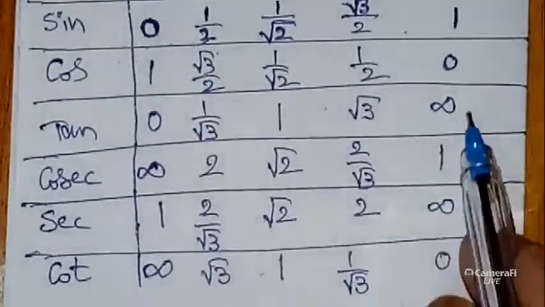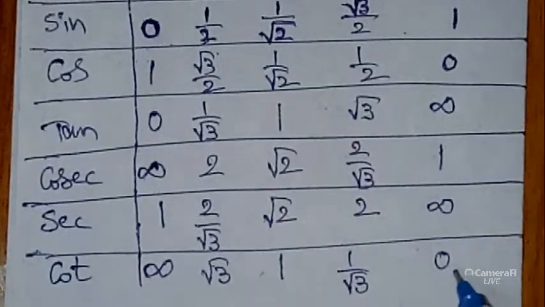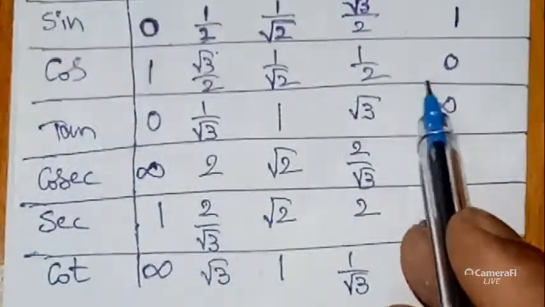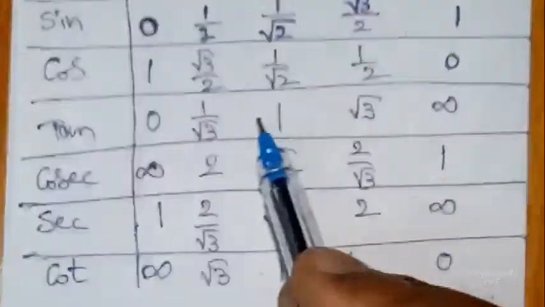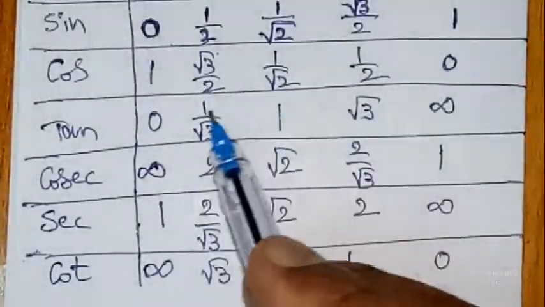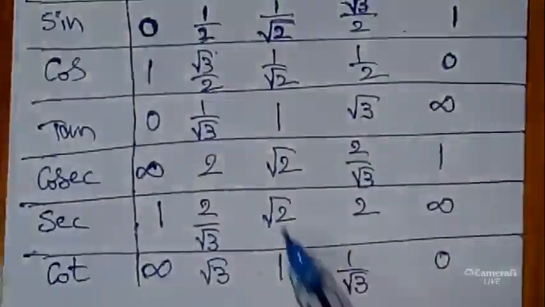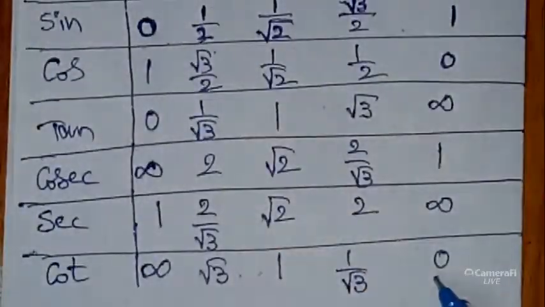Once you verify the tan values from right to left, you will get the same values as cos by sin values, and you can verify the reverse of tan. So from right to left: infinity, root 3, 1, 1 by root 3, 0.